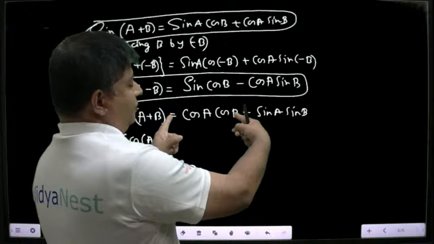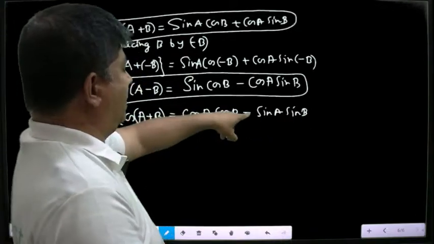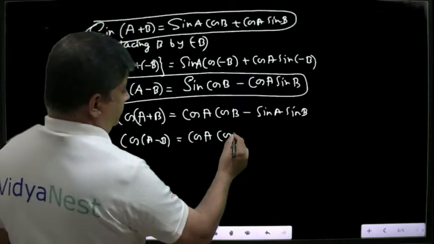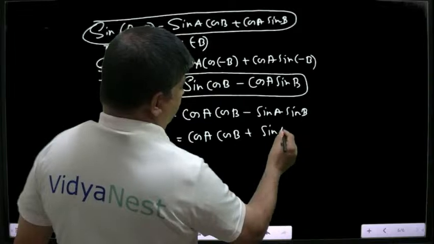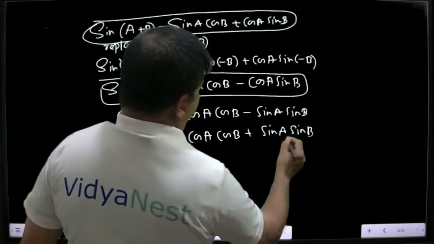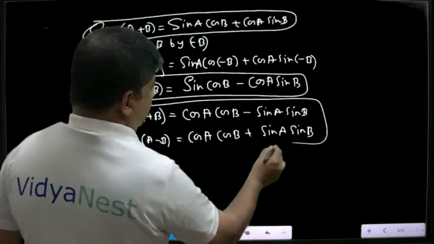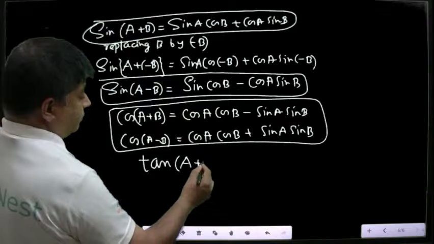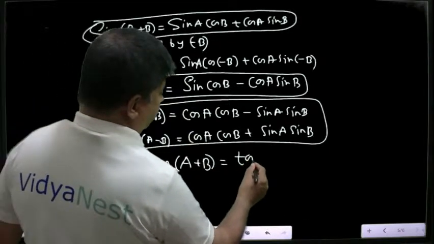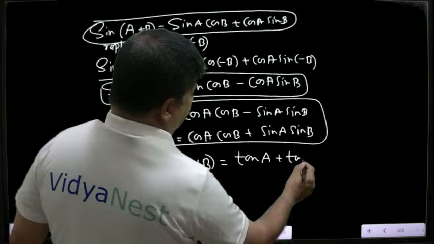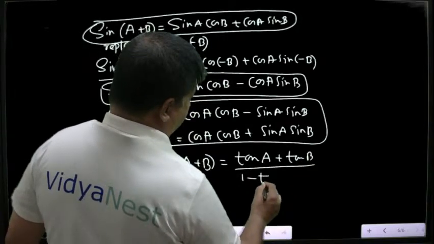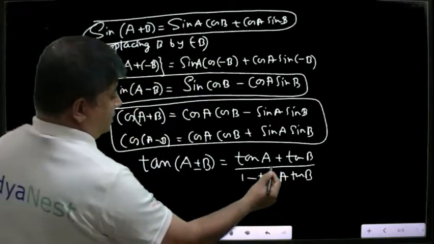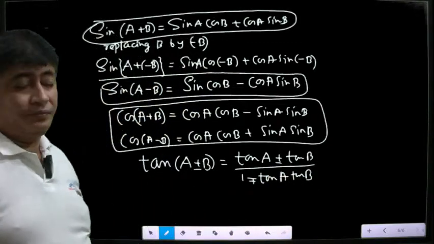Cos A cos B first, then sin A sin B, but in case of plus there will be minus, and in case of minus there will be plus. Now tan A plus B: tan A plus tan B by 1 minus tan A tan B, and in case of minus this will be minus and this will be plus.